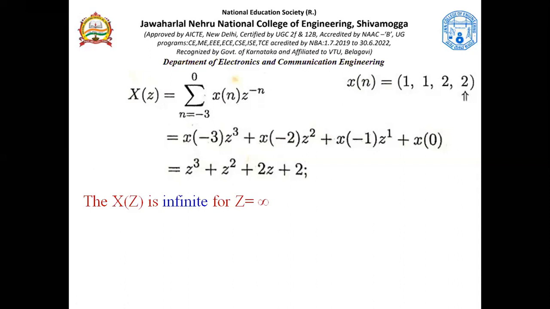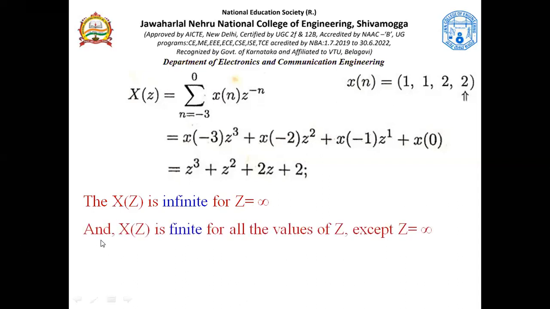For what values of z X of z would be finite, that would form the region of convergence. But at z equal to infinity, it is infinite. So z equal to infinity is not a part of the region of convergence. Except this, for all other values of z, it would be a finite entity.